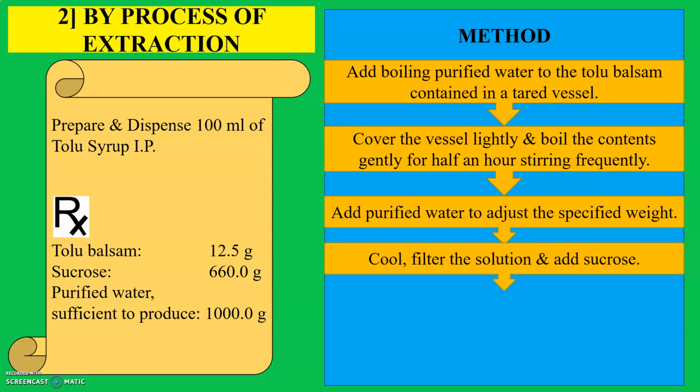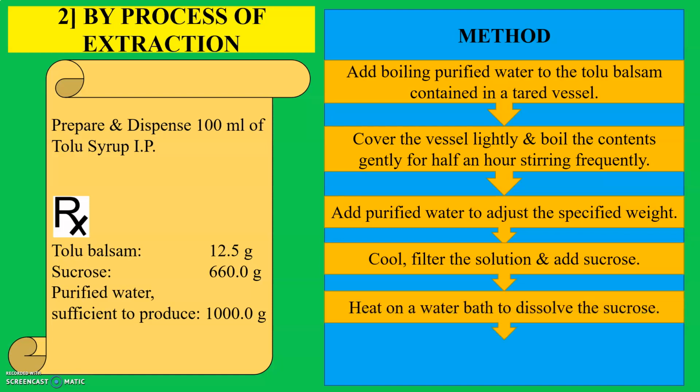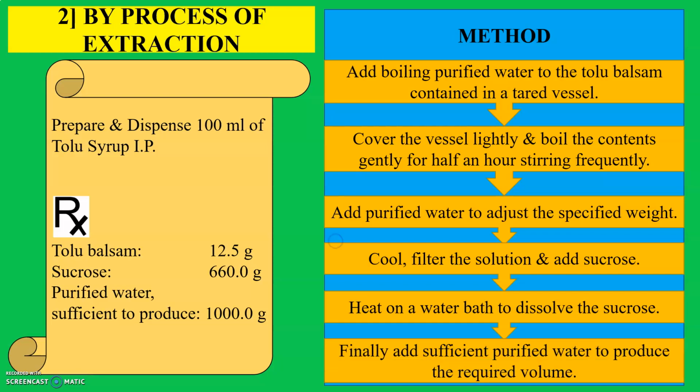Then cool, filter the solution and add sucrose. Then heat on a water bath to dissolve the sucrose. And finally, add sufficient purified water to produce the required volume. So this is the second method that we have studied in the methods of preparation of syrups, that is by process of extraction.